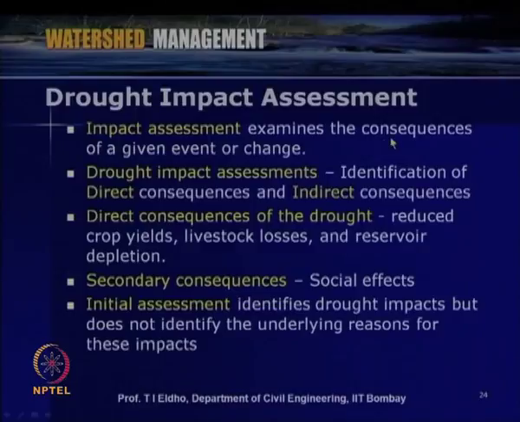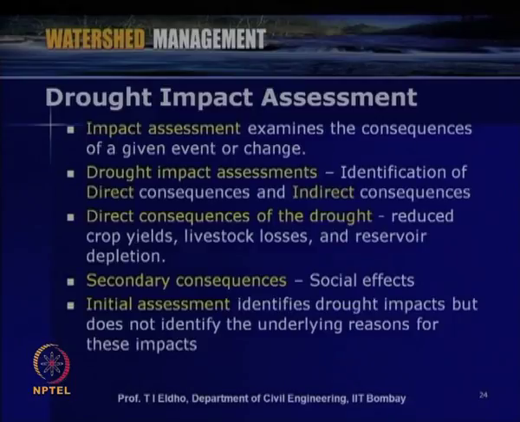Based upon this drought impact assessment only we can generate the vulnerability maps. The impact assessment examines the consequences of a given event or change. Drought impact assessments are useful for identification of direct consequences and indirect consequences. As far as drought is concerned, there are certain direct consequences, like the water availability will be reduced, and then agriculture yield will be reduced, and then indirect consequences will be that the total ecological system will be affected.